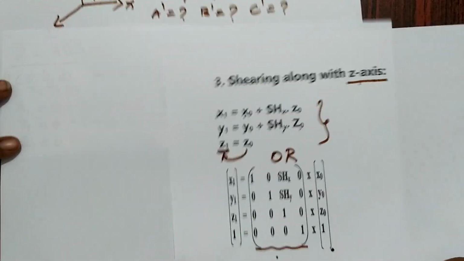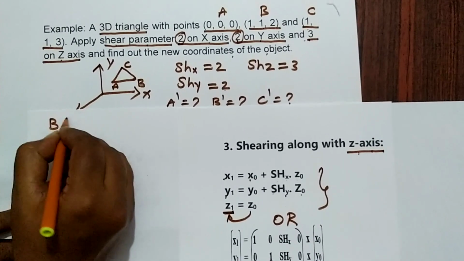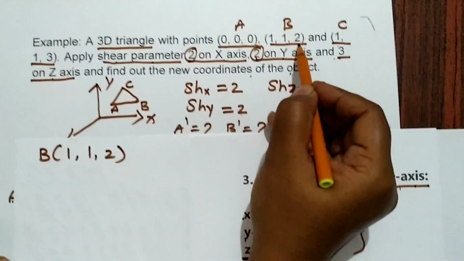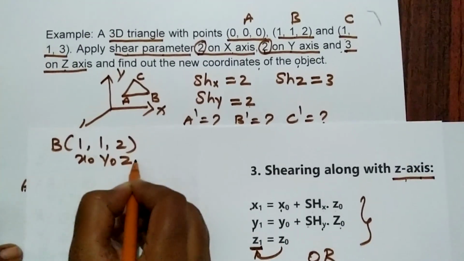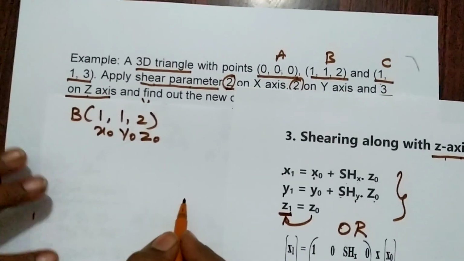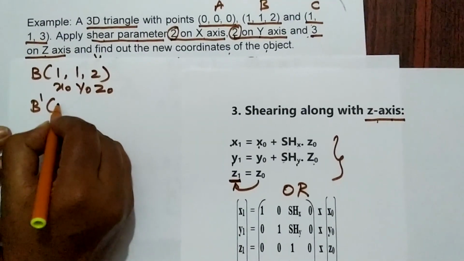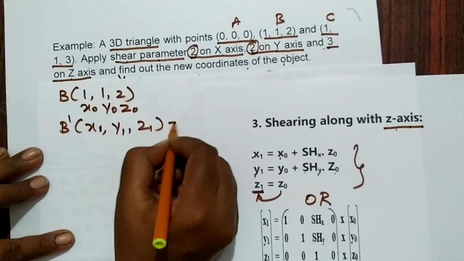Next, similarly we need to find the value B dash along Z axis. What is our B value they have given in the question? B will be 1, 1, 2. This will be X naught, Y naught, Z naught. Now for the point B, we need to find B dash. That is x1, y1, z1 we need to find.